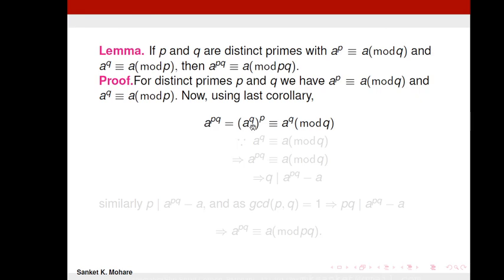So using that corollary, the value of a raised to the power q is congruent to what? A. So a raised to p is congruent to a modulo q.